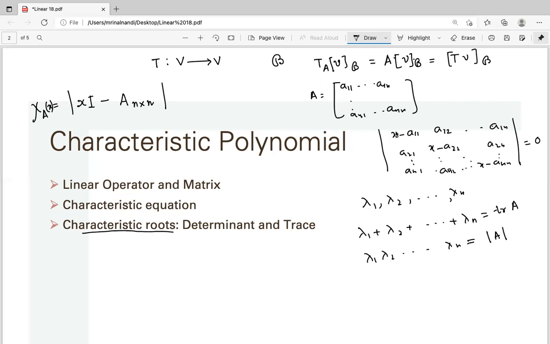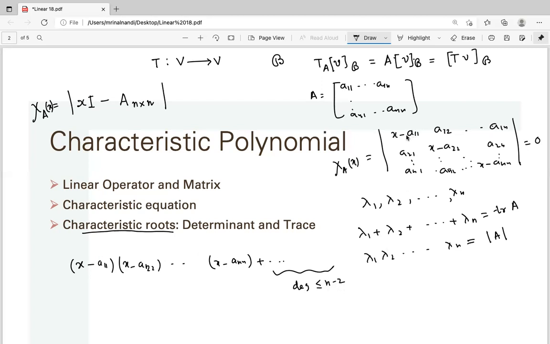Now, this is easy to see. Why? Because if you just expand this polynomial, you will see that one term is the product of all the diagonal entries, and there are several other terms, but those have degree at most n minus 2.